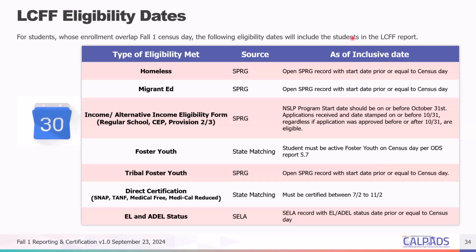And then not included here, of course, but something you could probably also list, is your students with disabilities program dates. Any SPED student who is eligible and participating who has a plan record on or before census day will also be included, right?